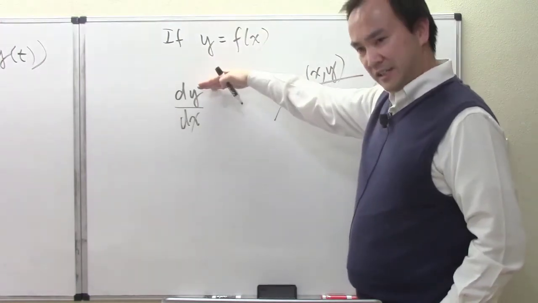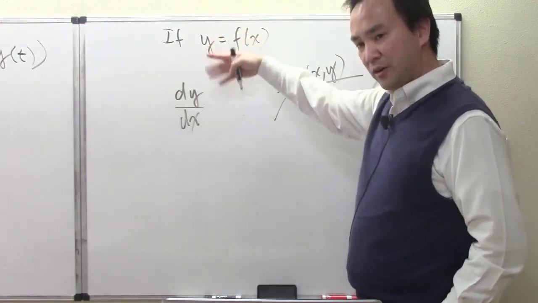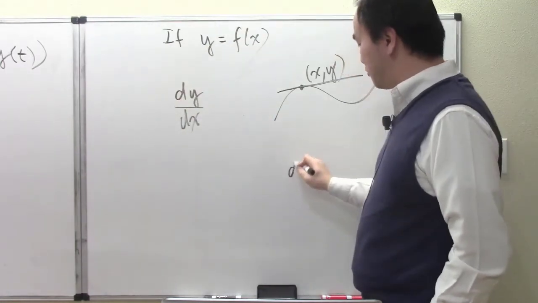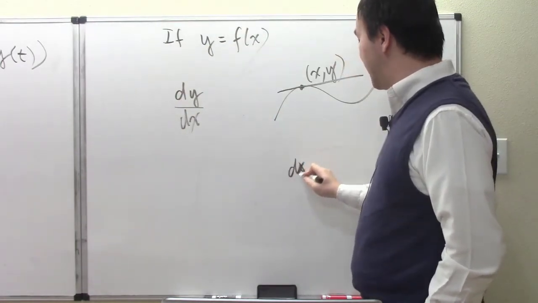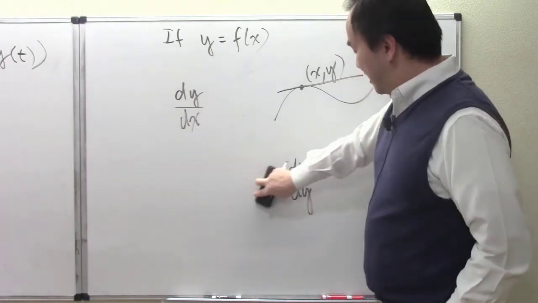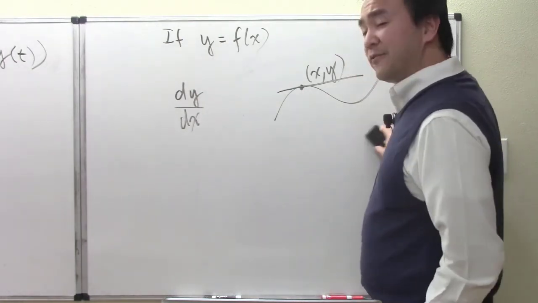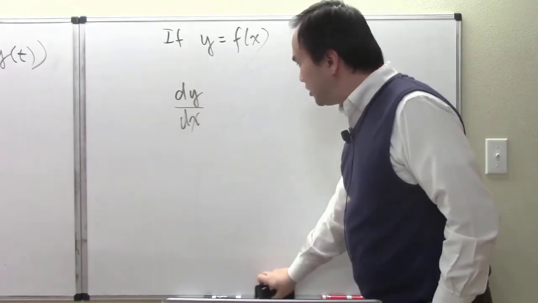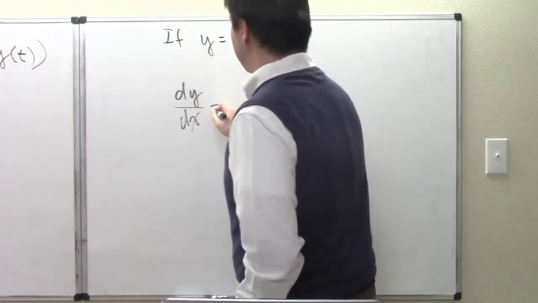A lot of us, including me, are more comfortable with writing y as a function of x, so let's go that way. It doesn't hurt. You can also break out of the box and go with dx/dy as well. It won't give you the wrong answers, but you have to be a little bit more careful. That's all.